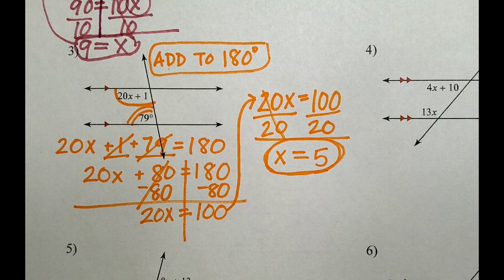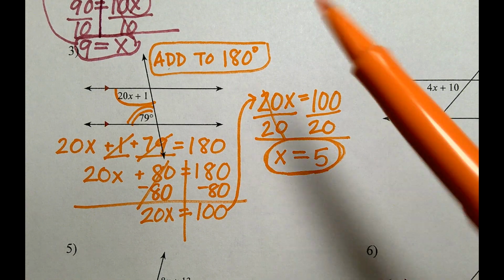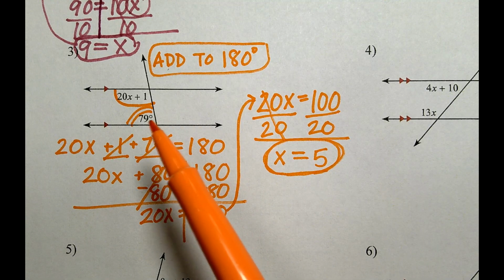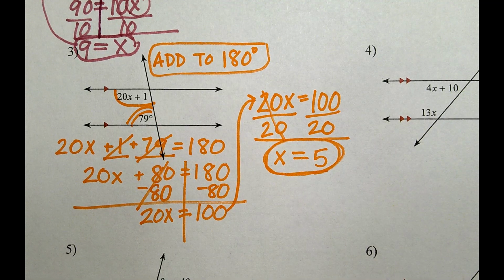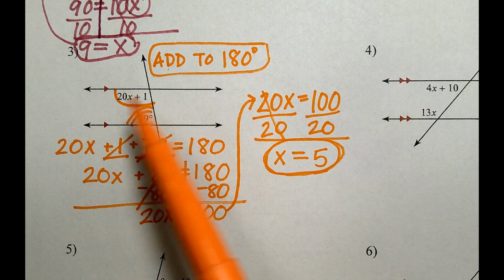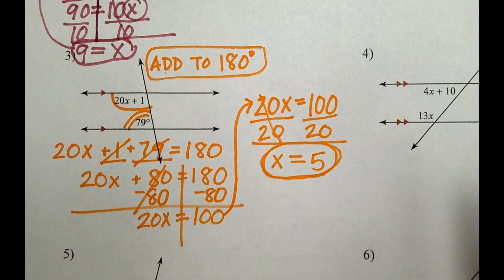Good. Okay, now before I let you guys try a couple on your own, I do want to show you how sometimes these can get just a little bit trickier. Because in the first few problems, one angle has no variable on it. We have just a number, 79, and then the other angle has an x.